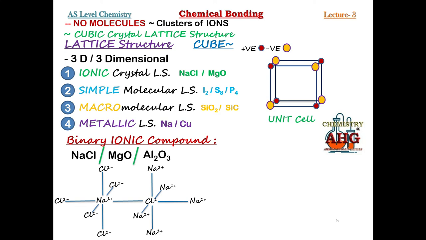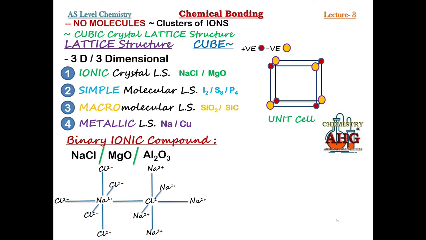One aluminum ion will be surrounded by 6 oxide ions, and one oxide ion will be surrounded by 6 aluminum ions. That's it. The number of ions remains the same. Only you must remember that aluminum, oxide and magnesium have different charges. Magnesium has a charge of 2 positive, aluminum 3 positive, oxide 2 negative.